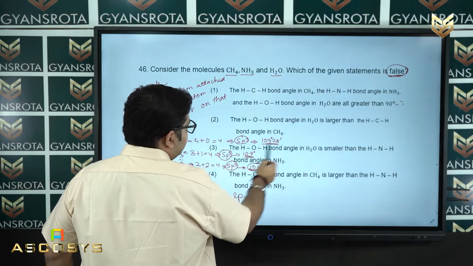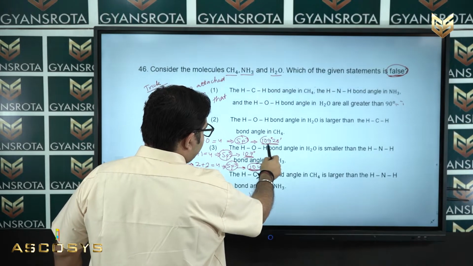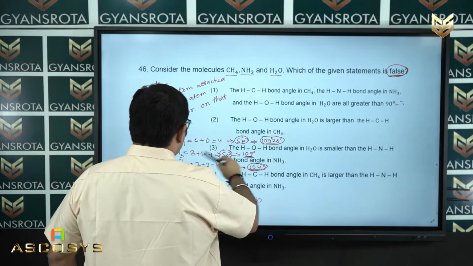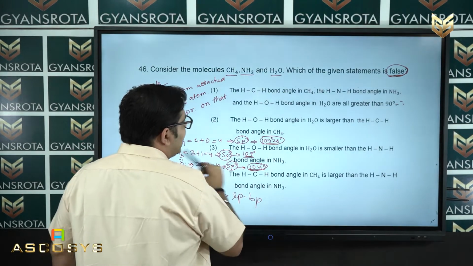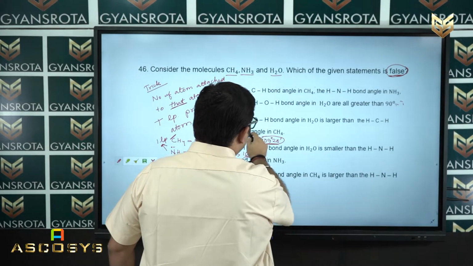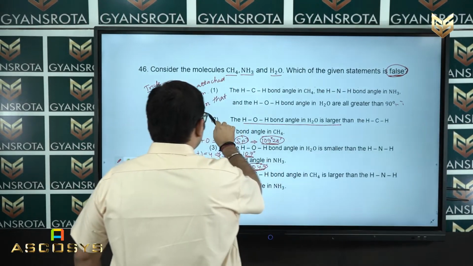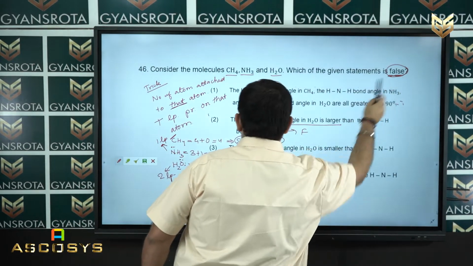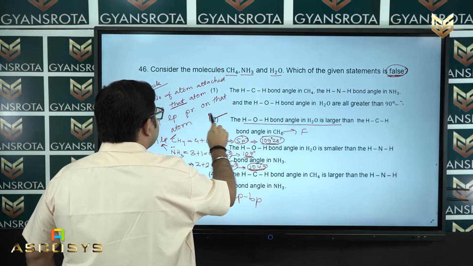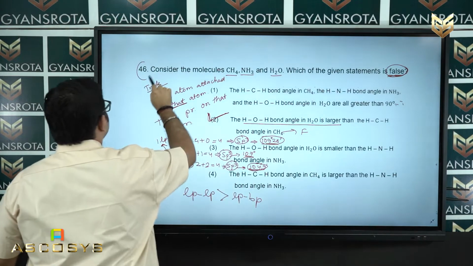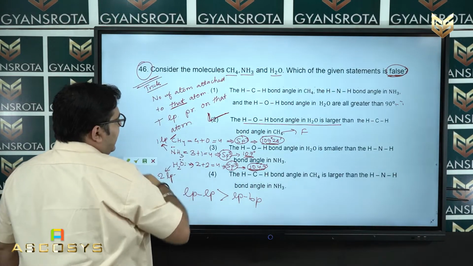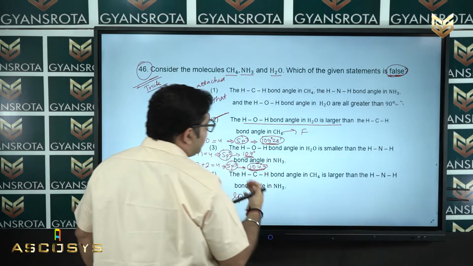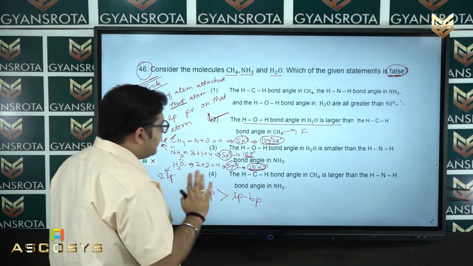But in methane, that is CH4, what bond angle are you getting? 109 degree 28 minute. Means the methane bond angle will be larger, but here they are saying that the water bond angle is larger. So this is a false statement, and they ask about the false statement. So option number 2 is the correct answer of your question number 46, and this question is asked from your chemical bonding chapter of class 11 NCERT.